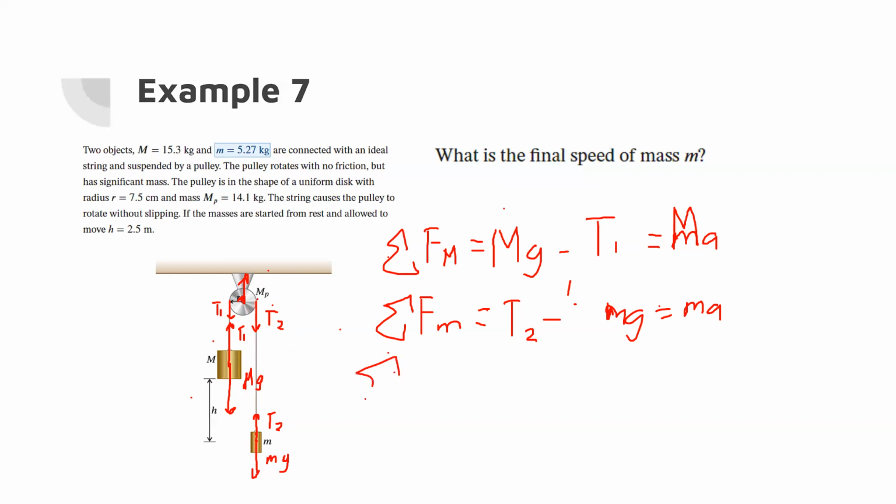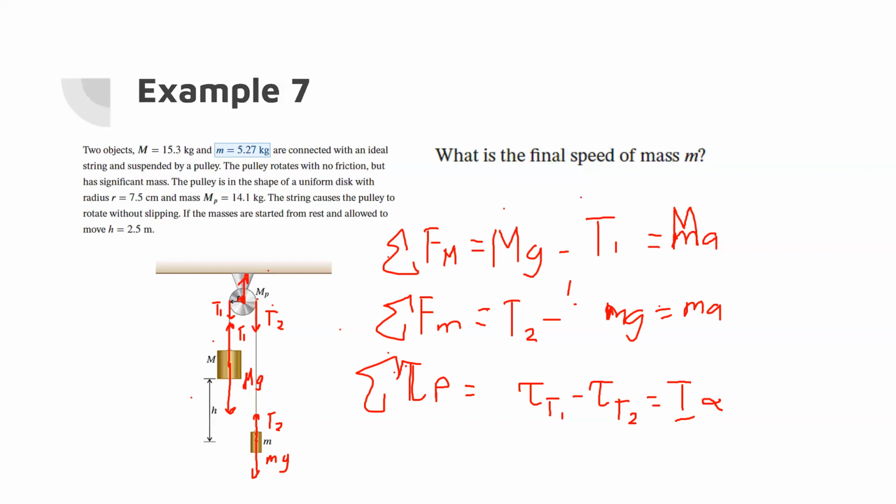In doing so, the sum of the torques on the pulley is going to be, since my tension 1 is in the positive direction, the torque due to tension 1 minus the torque due to tension 2. And that's going to equal the moment of inertia of my pulley times its angular acceleration.